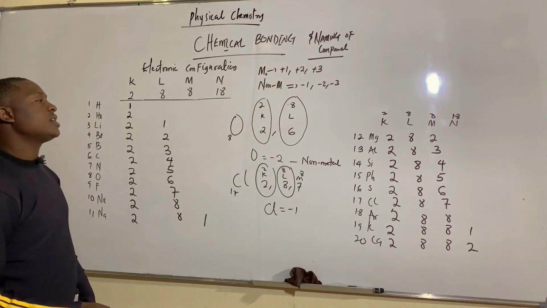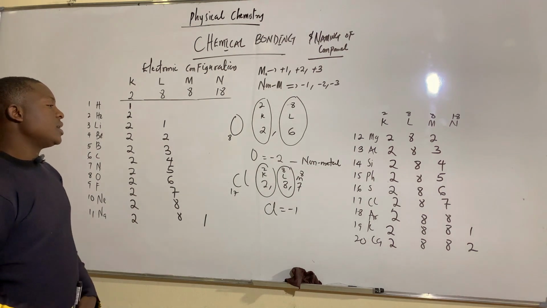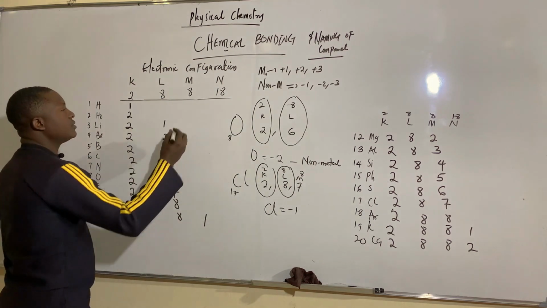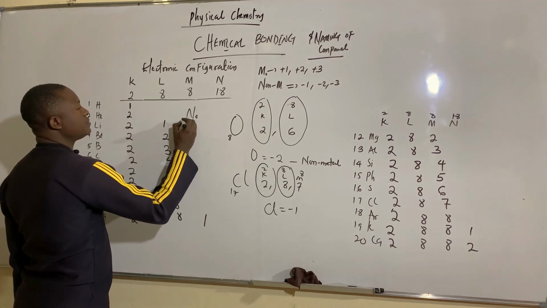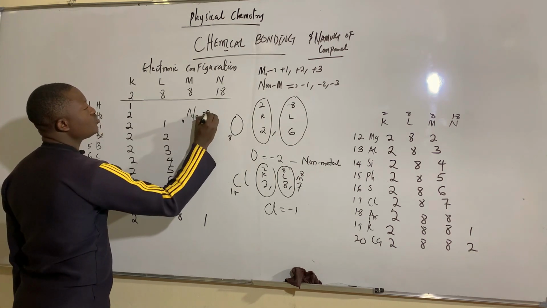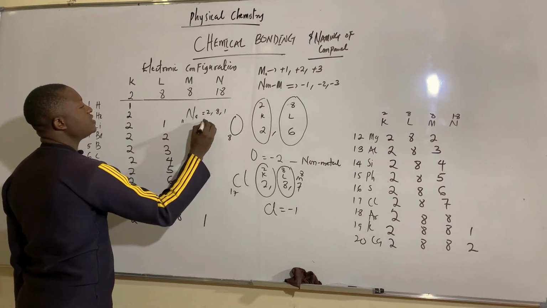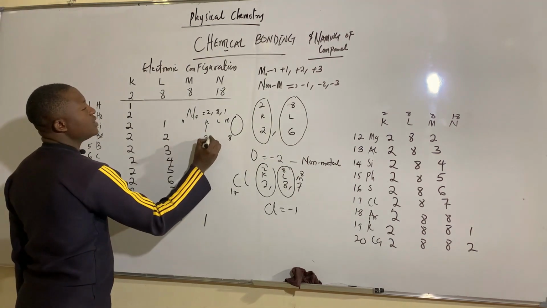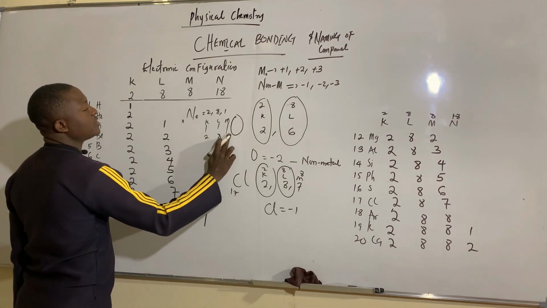Let's see another one. Maybe we take sodium, for example. Sodium is number 11. That's 2, 8, 1. That's 3 shells, K shell, L shell, and M shell. So K must be 2, L must be 8, and M must be 8 as well.